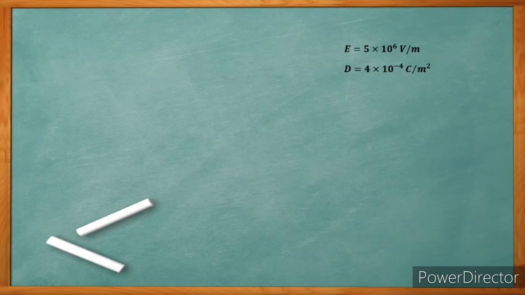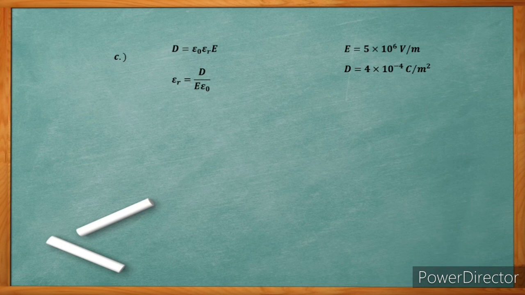And for letter C, which is the relative permittivity, we already have the value of E, our electric intensity, and the density. So let's apply that to our formula. For letter C, we will be using the formula of D is equal to the absolute permittivity times the relative permittivity times E, and manipulating that, the relative permittivity is equal to the density over the electric intensity times the absolute permittivity.